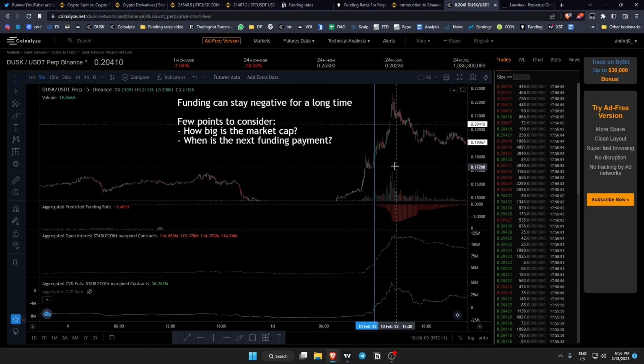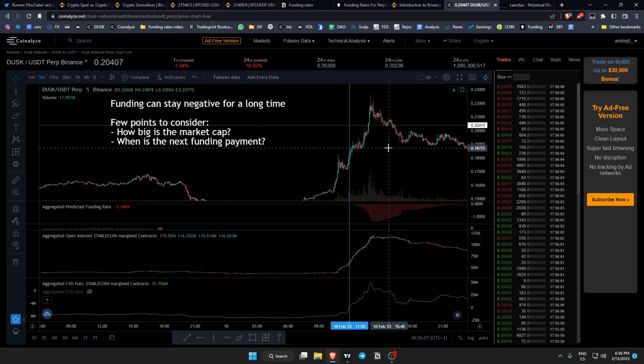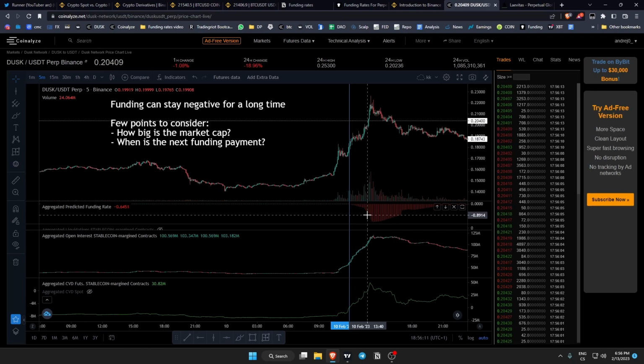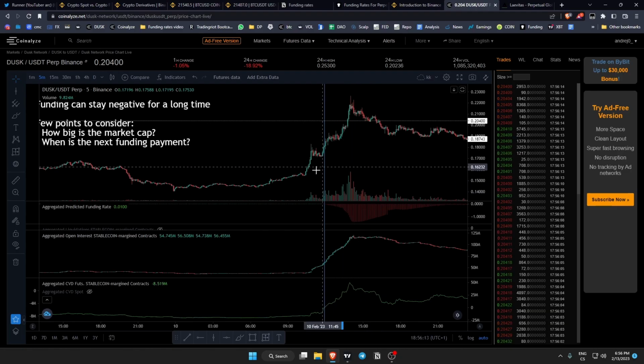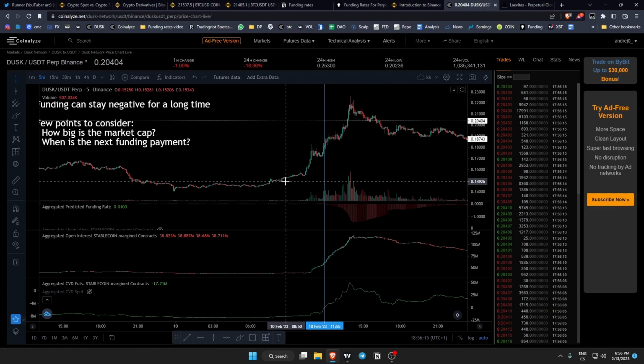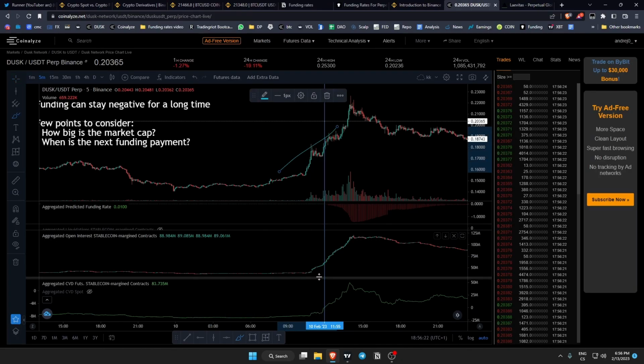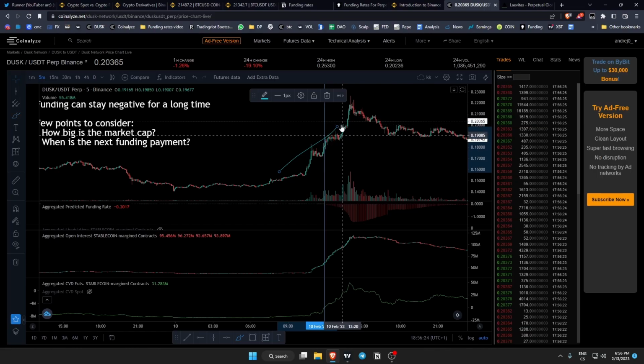And I just want to show you something, because this is something you'll see on Twitter a lot, or Discord. People say, oh, funding negative, go long, this is going to squeeze. Yes, in this example, that's exactly what happened. We see price run up, quite a crazy price run up, right, with open interest and CVD going up, like everything is bullish, right?